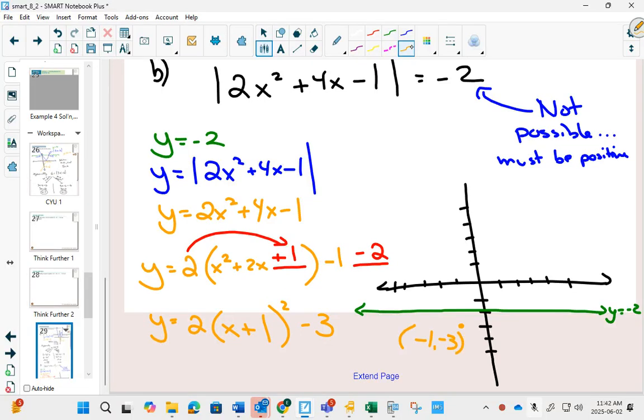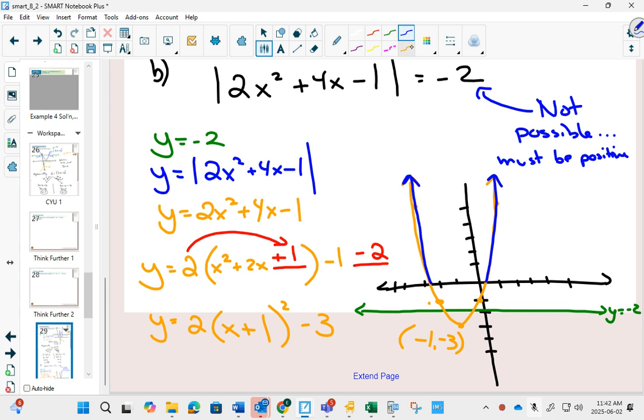My a value is 2, so it goes over 1, up 2, over 1, up 2. Right there. Then it would go over 1, up 6, over 1, up 6. And there's our orange graph. So then the absolute value would say where it's positive stays the same.